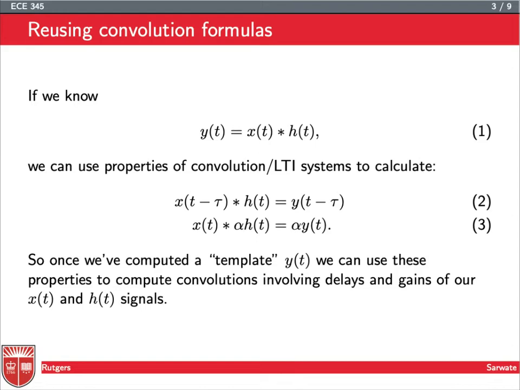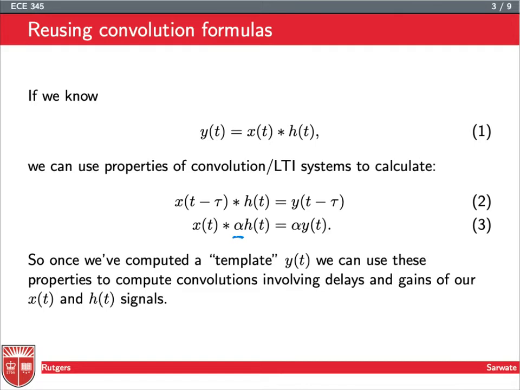Okay, so what's the basic idea? If for a particular x and h, I know the output signal y, so I know that here's y of t when I convolve this x of t and this h of t, then you can easily calculate that if I delay the input signal by tau, I get a delay by tau in the output signal.